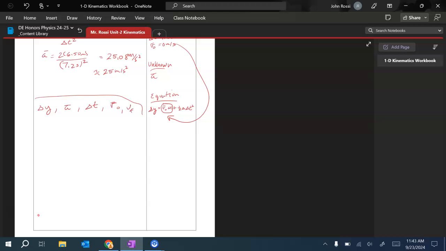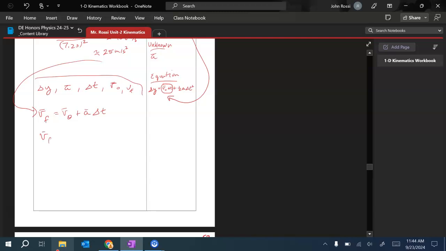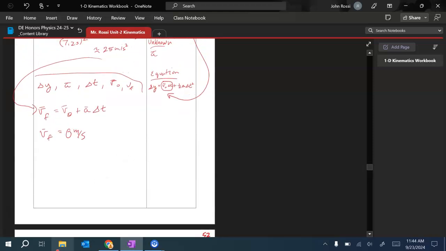I think the simplest way to find the final velocity would just say final velocity is equal to initial velocity plus the acceleration times the time. Okay, so using the acceleration that we just found, we'll just substitute that in. So we don't know final velocity. We do know initial velocity. We took off from rest. Was 0 meters per second.